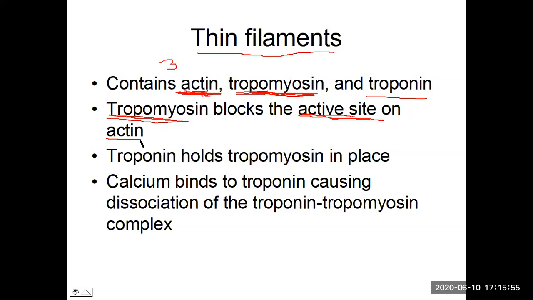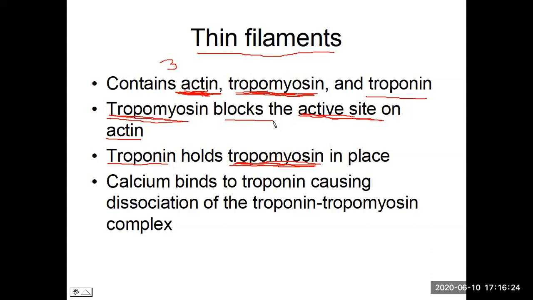As long as these active sites are blocked, the sarcomere and thus the muscle cannot contract. And that's the job. Tropomyosin is preventing contraction. Whereas this third protein, troponin, it's holding the tropomyosin in place. So it's aiding in the position of the tropomyosin, which of course is blocking those active sites.